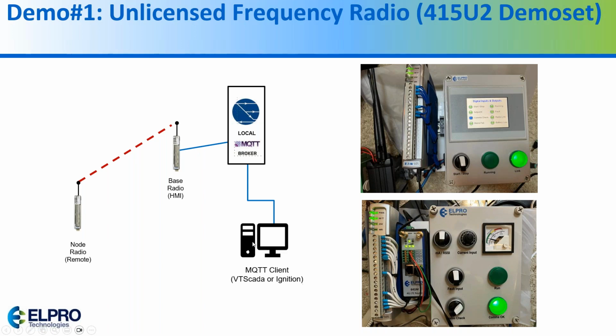Teltonika has a radio that allows you to have a local broker on it. In the future, we're going to build that into our product too. So I'm communicating from the HMI radio to the local broker, and then from a client, which I'm going to show as VT-SCADA, to be able to show the data.